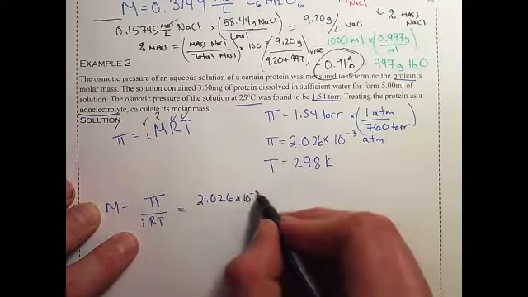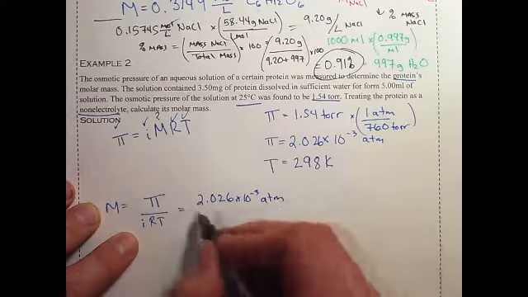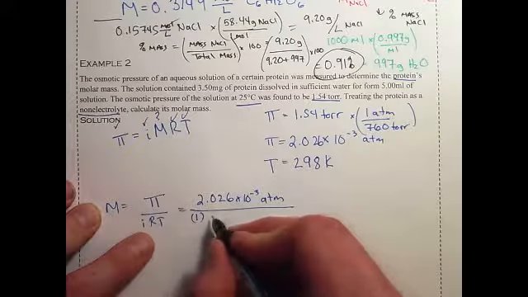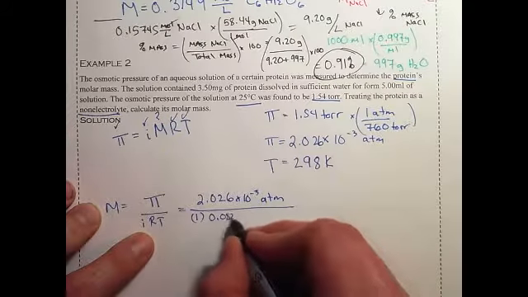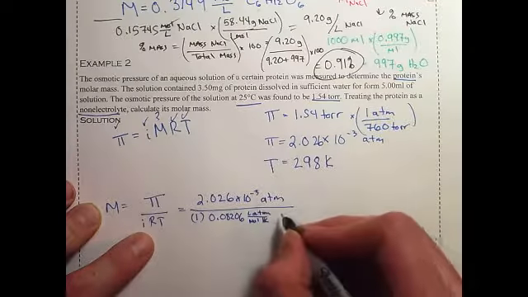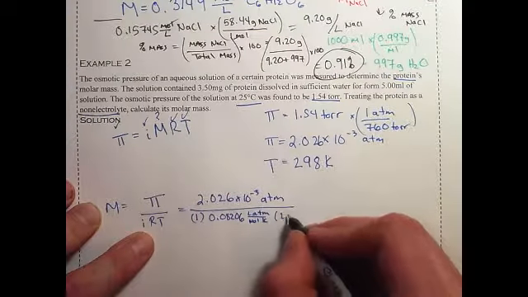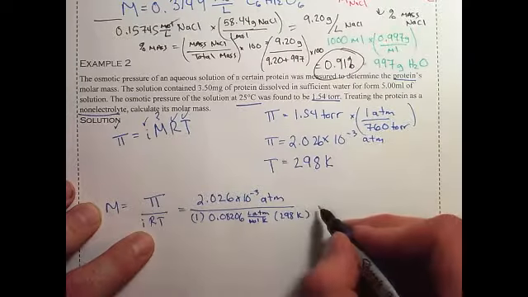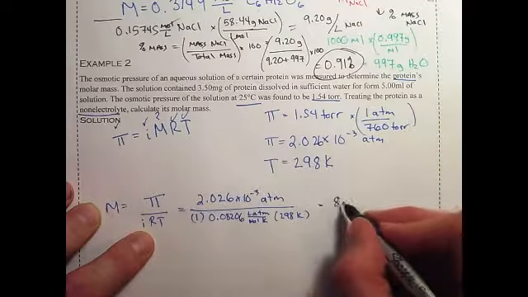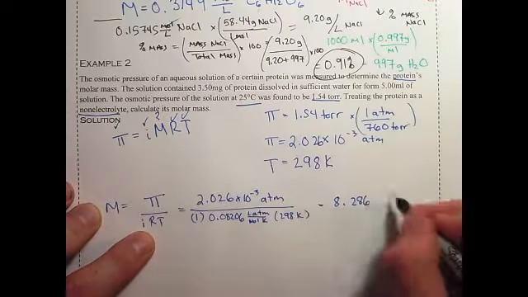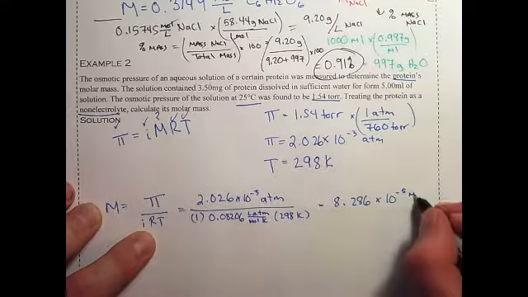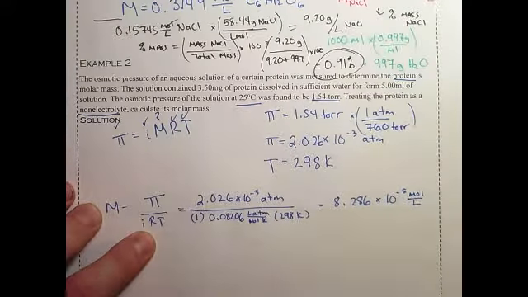That equals 2.026 times 10 to the negative 3 atmospheres, over I, which is 1 since it's a non-electrolyte, times 0.08206 liter atmospheres per mole Kelvin, times the temperature of 298 Kelvin. So that means the molarity is 8.286 times 10 to the negative 5 moles per liter.